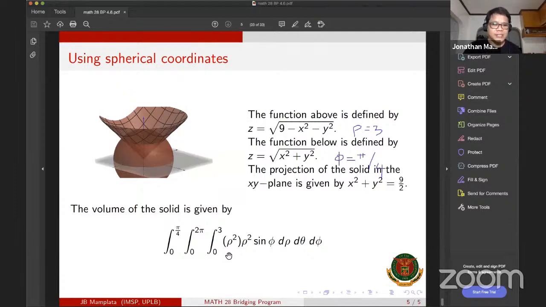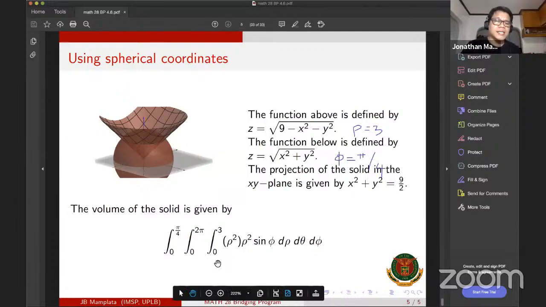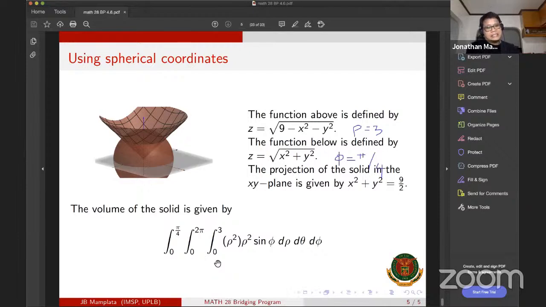Okay? If you notice din dito sa mga bounds, puro mga constants na yung bounds natin. Unlike dun sa cylindrical and Cartesian, puro yung mga nasa inner integrals natin ay may mga variables pa. Okay, so ito, pwede mo paghiwa-hiwalayin yung mga expressions, okay, to get the value of the integral.